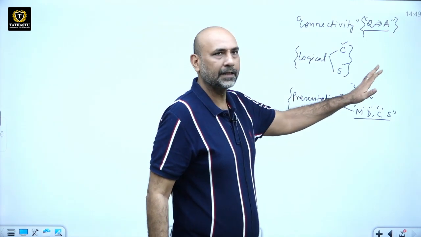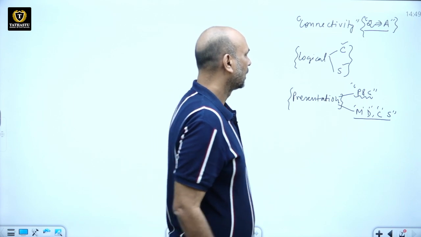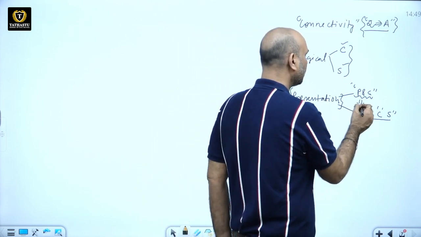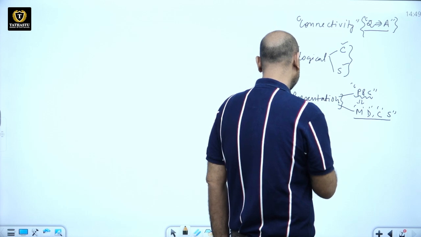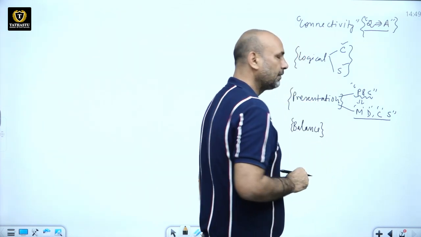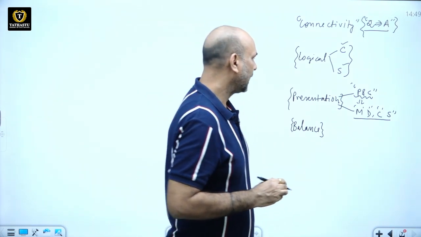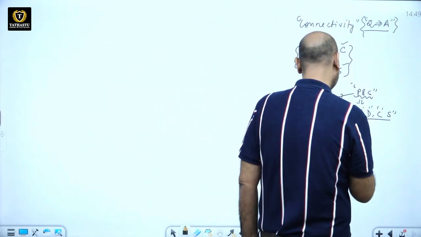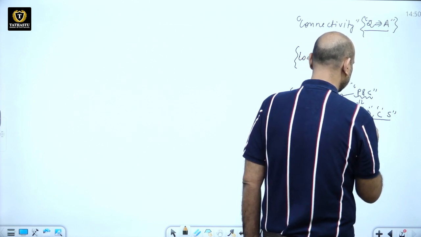Presentation must be precise and concise statements supported with number of maps, diagrams, charts and sketches. And finally, fourth is balance. Remember that balance is very important. Balance in answering head of the question and tail of the question.